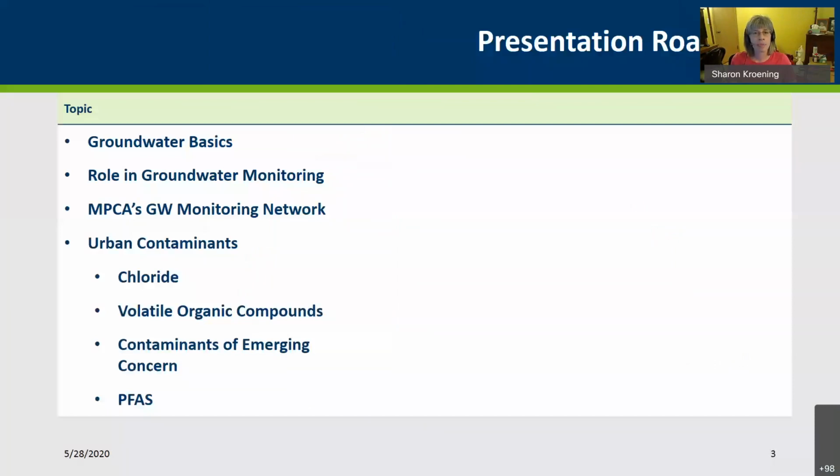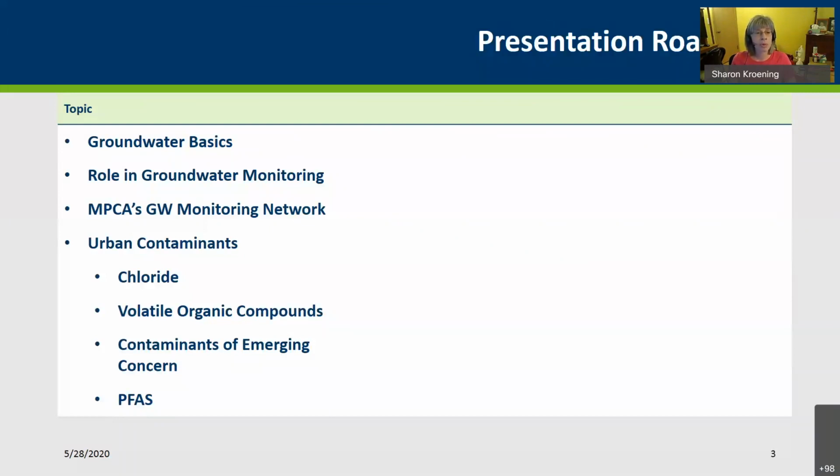This slide shows the roadmap of today's presentation. I'm going to start with describing some basic information about groundwater in general and Minnesota's groundwater, just to get everybody up to speed on the terms I'll be using in the remainder of the presentation.